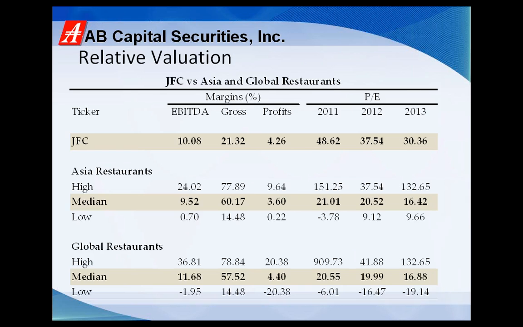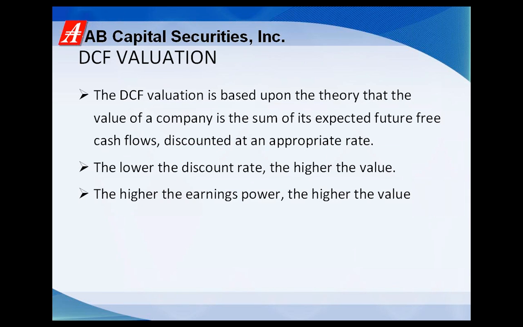Another way of determining fair value is to do an intrinsic value analysis, and this can be done through a time value approach, which is the DCF valuation. You value a company by summing up the projected future free cash flows and then discounting them with an appropriate discount rate.